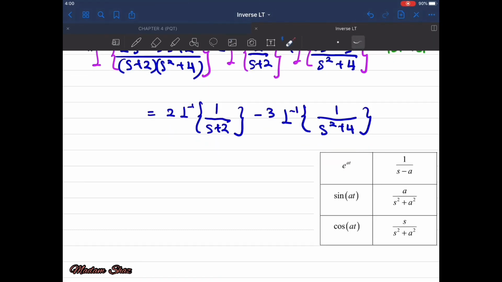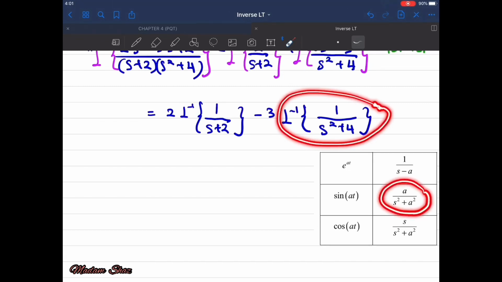So by refer to the table, Laplace inverse 1 over s plus 2, the suitable one is 1 over s minus a, whereby the answer will become exponent at. For the second curly bracket, Laplace inverse 1 over s square plus 4, the suitable one is a over s square plus a square, whereby the answer will become sine of at.